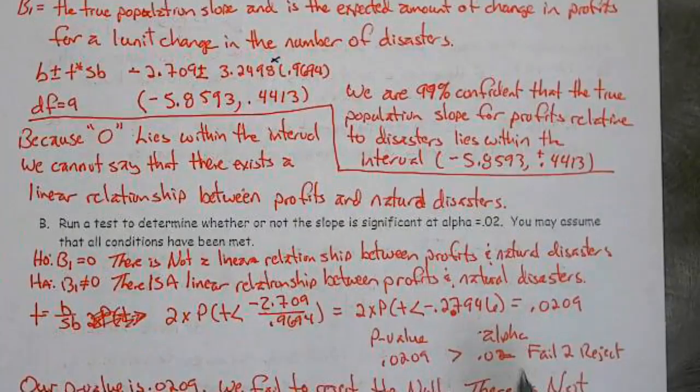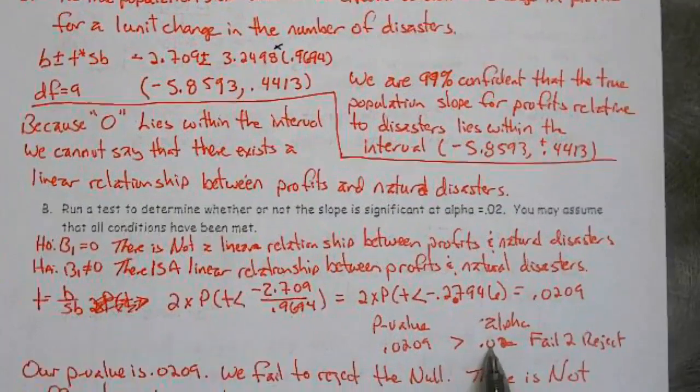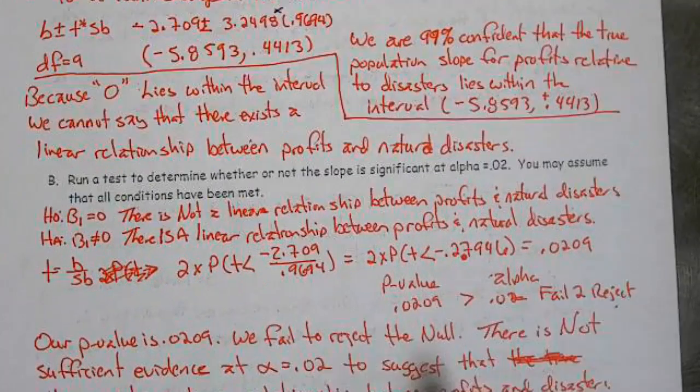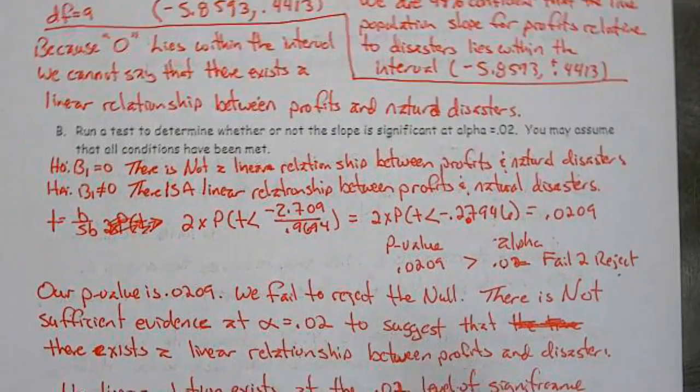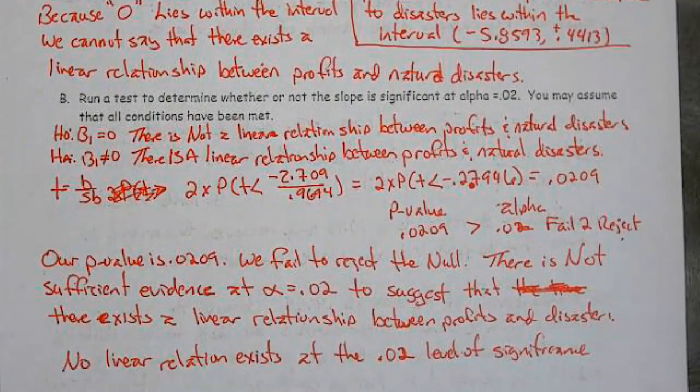With that said, 0.0209 is greater than our alpha of 0.02. So our decision is going to be to fail to reject. Our p-value is 0.0209. We failed to reject the null. There is not sufficient evidence at alpha equal 0.02 to suggest that there exists a linear relationship between profits and disasters.